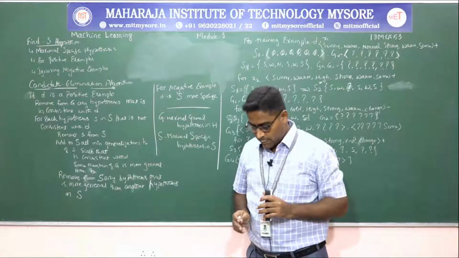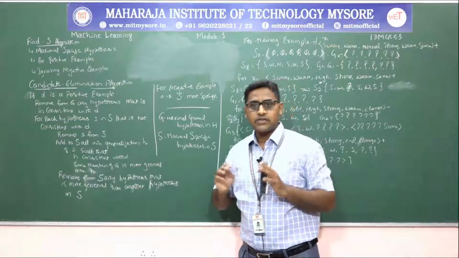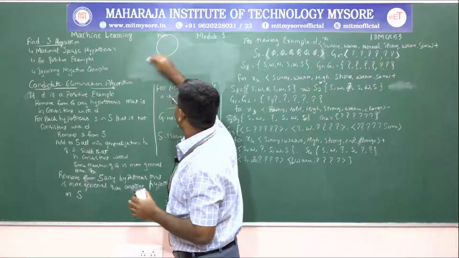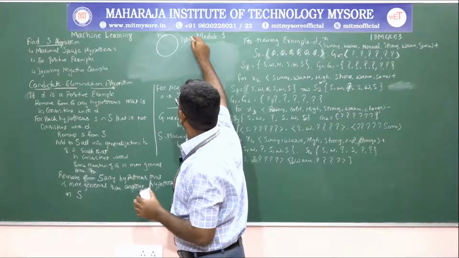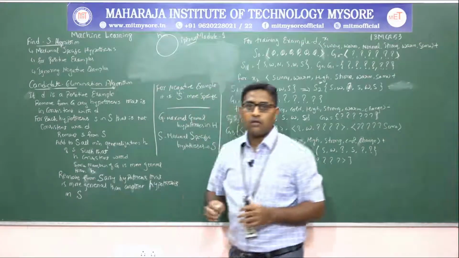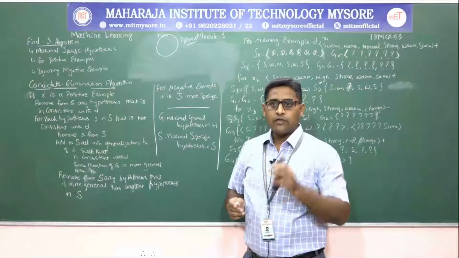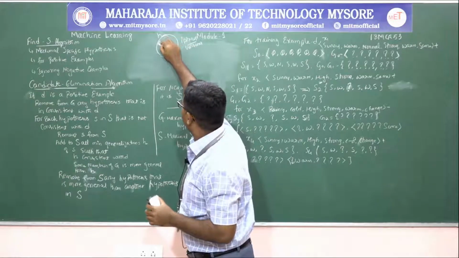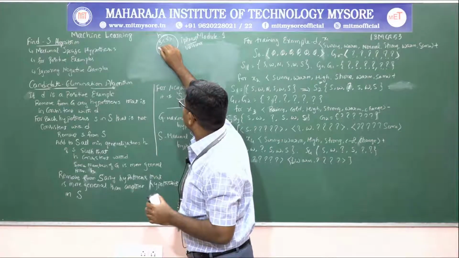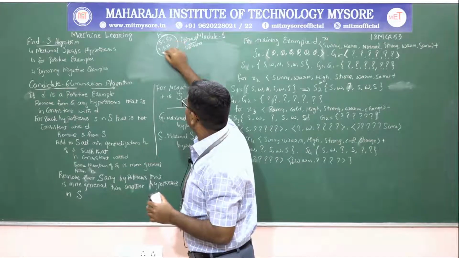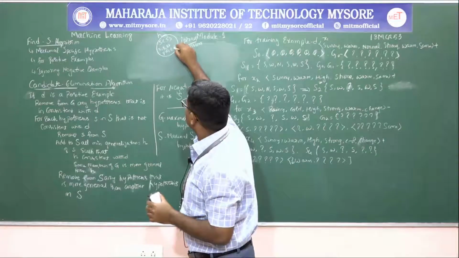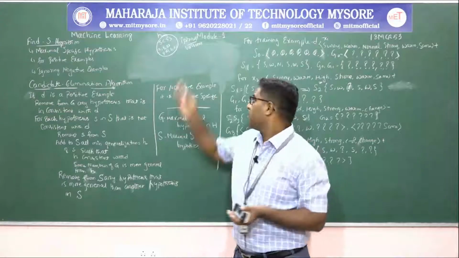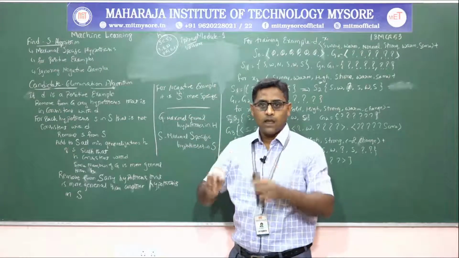Say for example, you can consider an instance of a hypothesis H, where you have iPhones. iPhones have different versions, say 5C, 5S, 7, 8, 8 Plus, Pro, 6, 6S, or 6S Plus and so on. Different versions of iPhones are available.